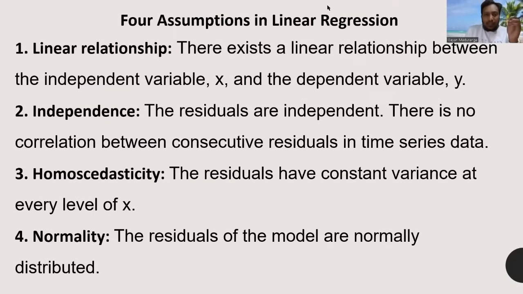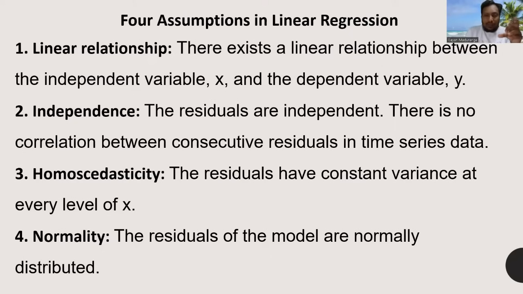So let's see what the limitations of simple linear regression are. We assume that there is a linear relationship between the independent variable and the dependent variable, and residuals. So there's a new term, residuals. Residual means error.